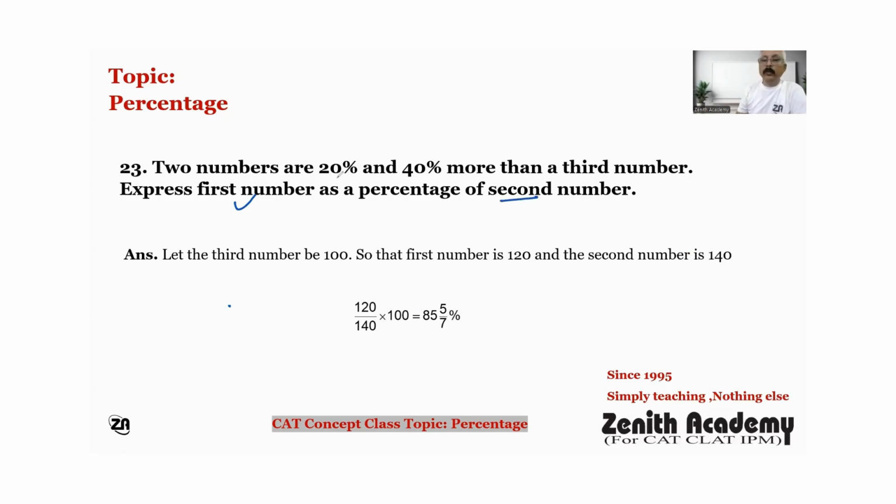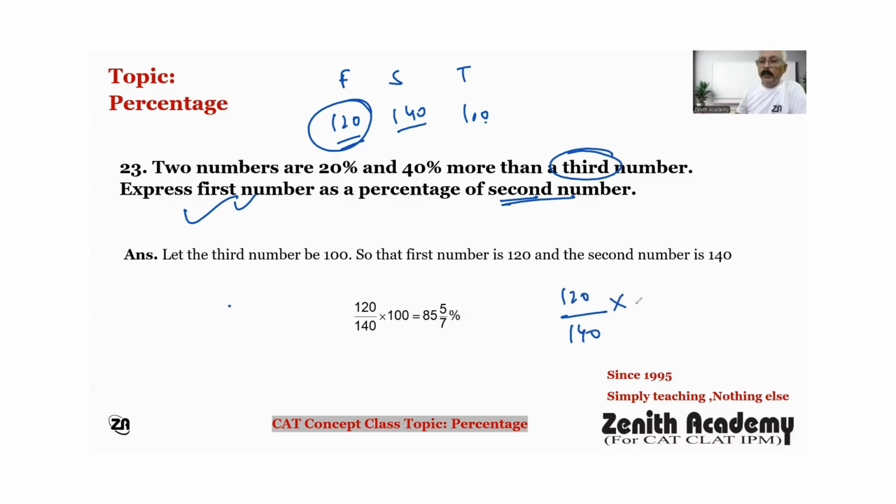So the second number is 140, then the first is 120. So with respect to 100, this is your answer, 85 and 5 by 7%.